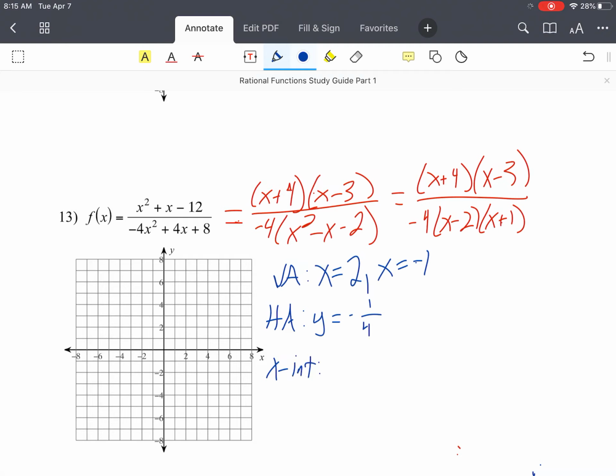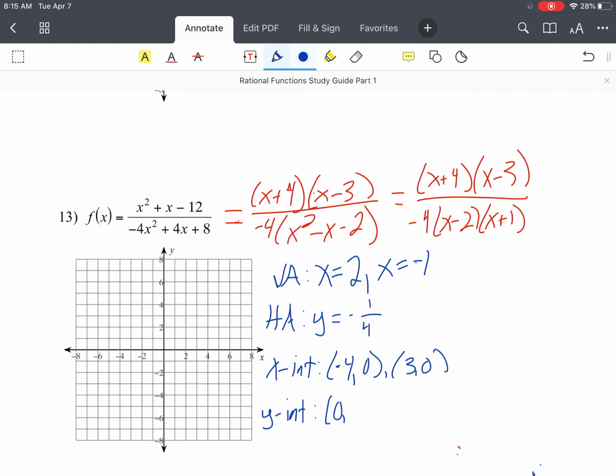All right, now let's find some x-intercepts. So we're going to set the top equal to 0. So that's negative 4, 0, and that's 3, 0. Okay.